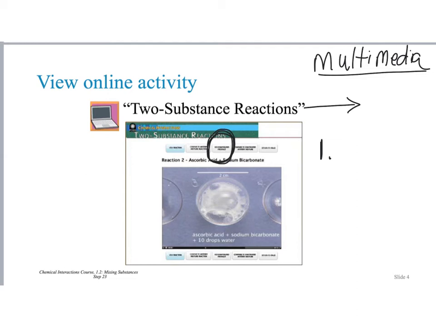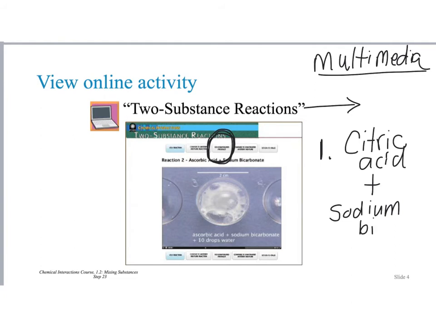Only 2 possibilities. They are citric acid plus sodium bicarbonate, or baking soda, or the other possibility is citric acid plus sodium carbonate.